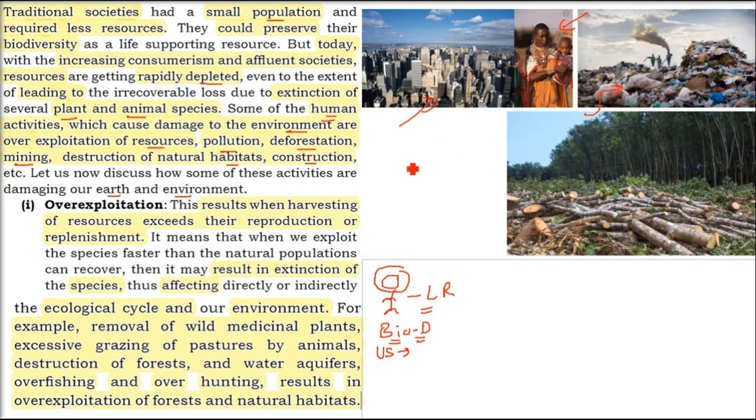First is over-exploitation. We are exploiting it to the extent that imbalance is happening. When we use it, it's okay, but we are not giving it time to replenish itself. For example, in your fridge, you take milk every day.